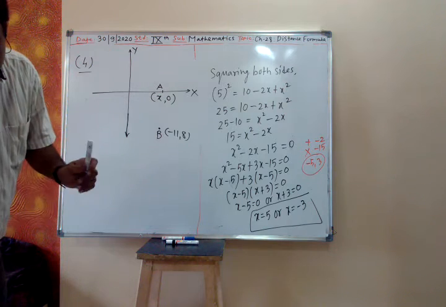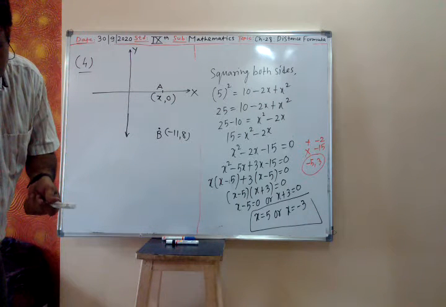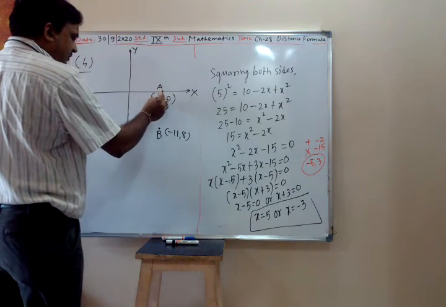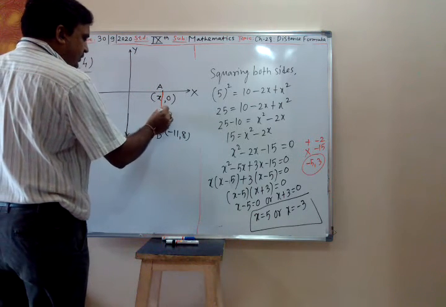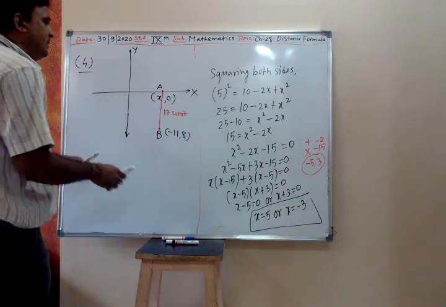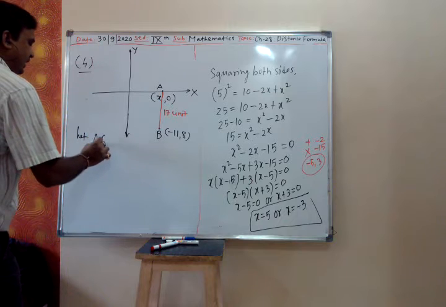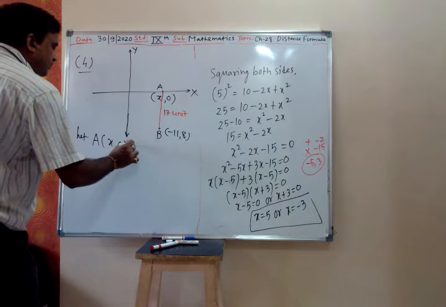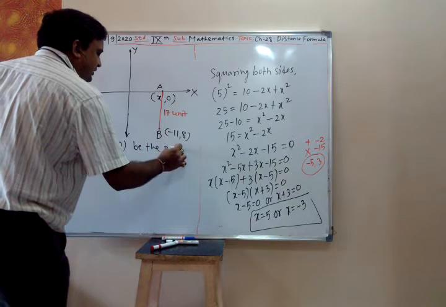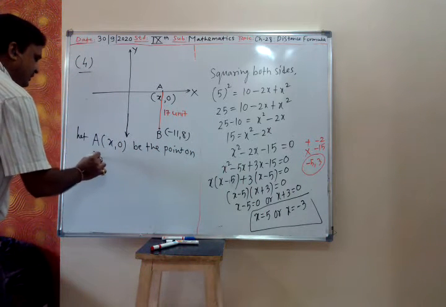So now the distance between the point on the x-axis and the point B is given, that is 17. The distance between A and B is 17 units. Find the point on the x-axis. So we write: let A (x, 0) be the point on the x-axis.